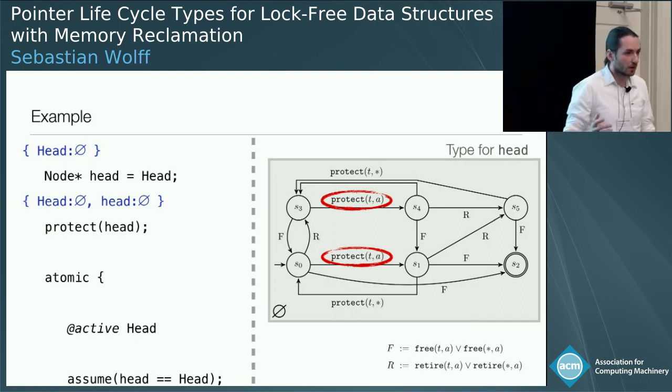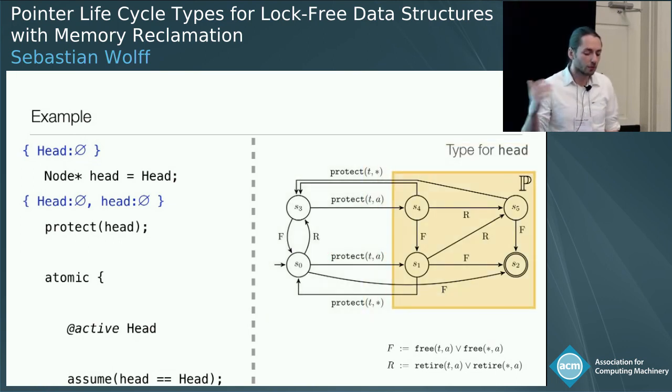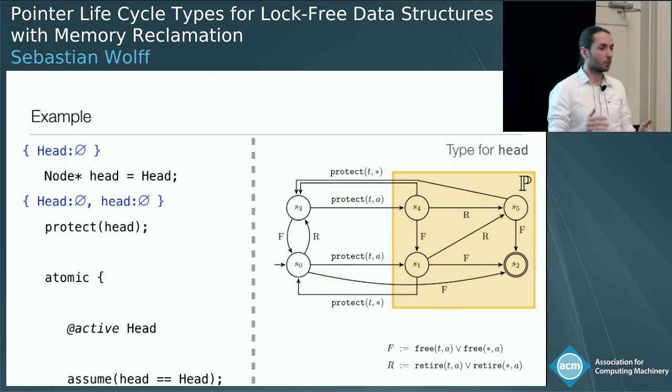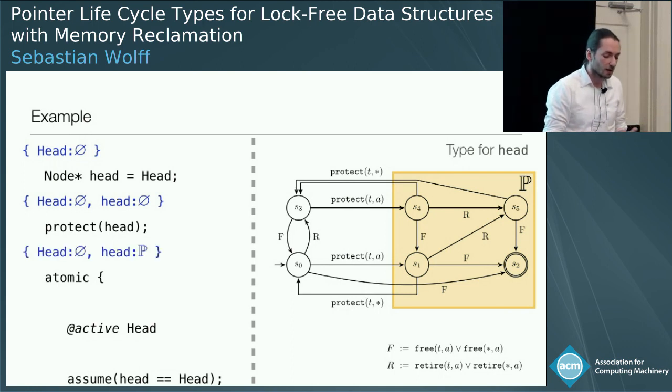States that do not have an outgoing transition labeled with protect, we interpret as staying in those states. So what we end up with here is that we are guaranteed to be in one of the four states at the right, and we call this type P because we are now guaranteed that the head pointer, or the memory that it references, is protected. So back on the left-hand side, we add this type P to the lowercase head.